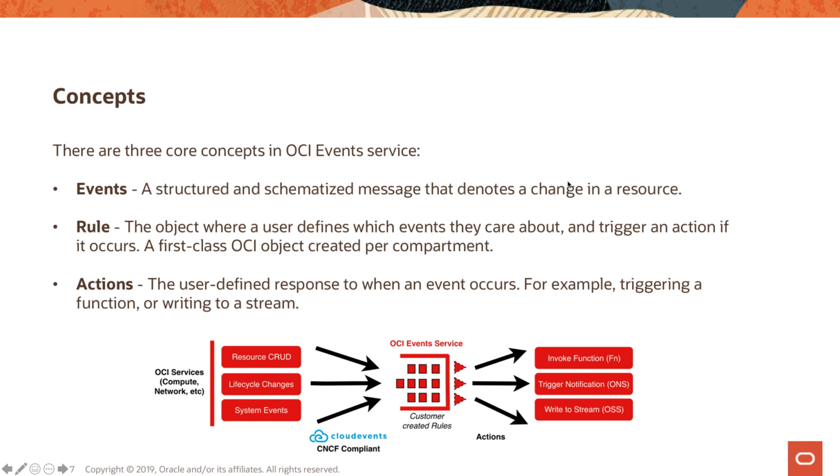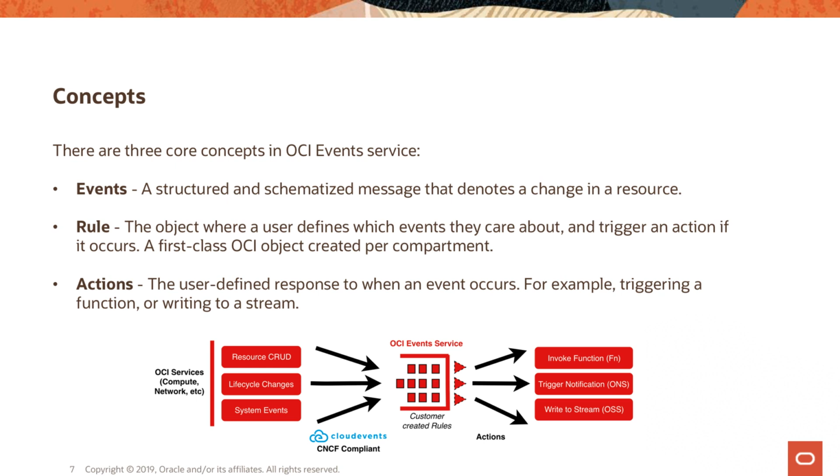Okay, so let's look at some core concepts. Within the OCI event service, there is the notion of events. So events within the OCI event service is essentially an automatic notification of a state change as reported by an OCI resource that can emit events.